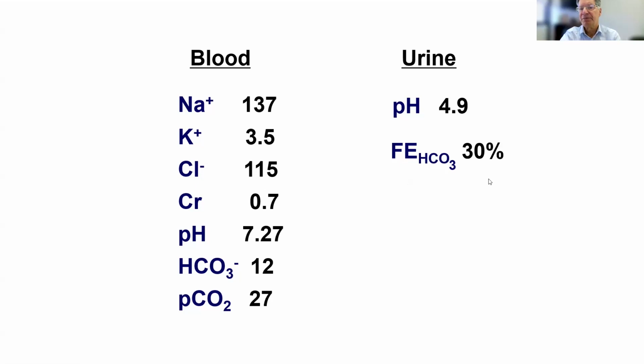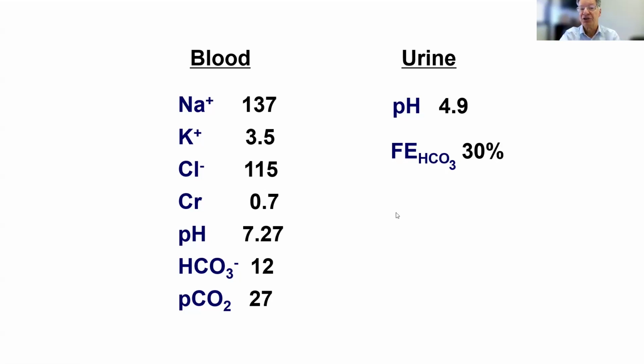I'm going to talk about that because I think there's a misconception that patients with proximal RTA, and this is a patient with proximal RTA, have a high urine pH and bicarbonate in the urine, and that is not entirely true. We'll talk about the phases that one sees clinically in proximal RTA. Now, the fractional excretion also should only be measured when the blood bicarbonate is normal.